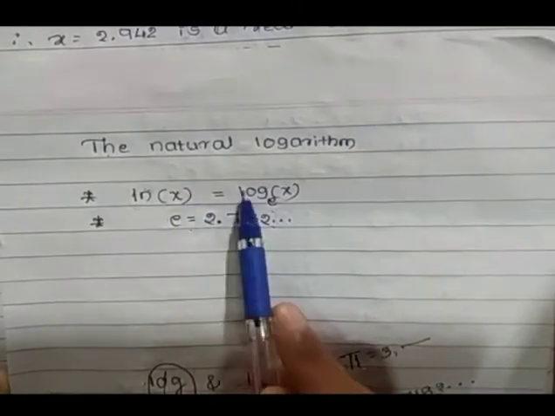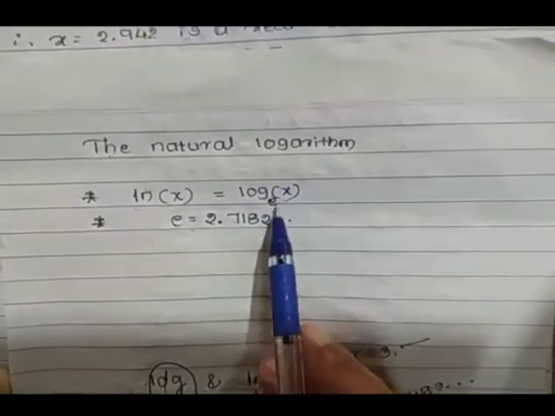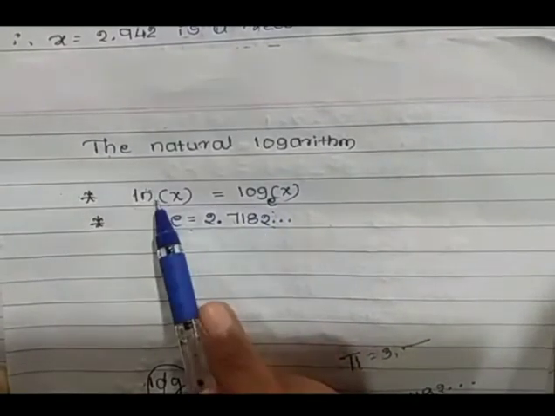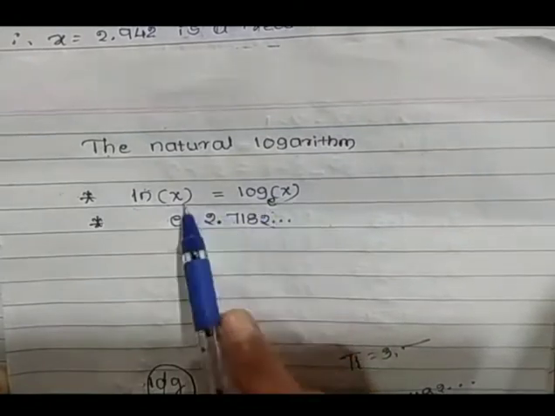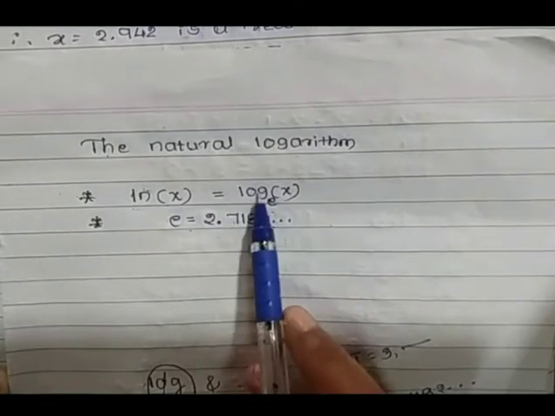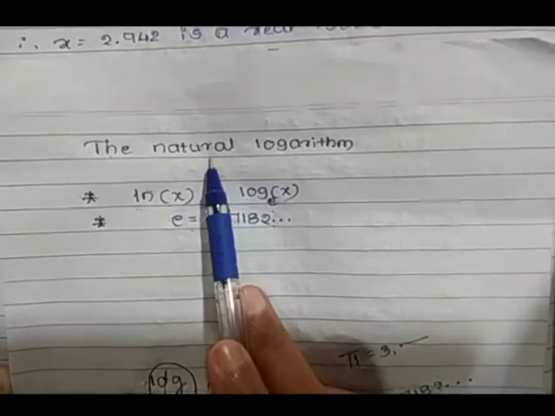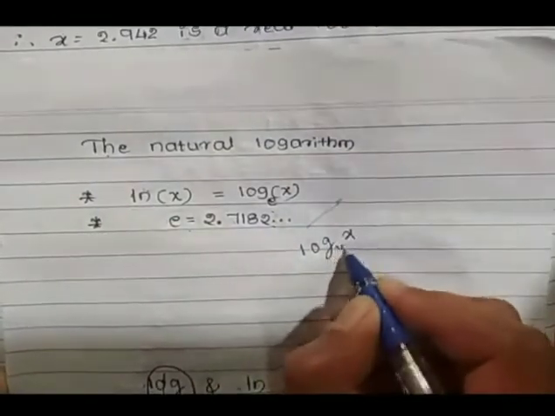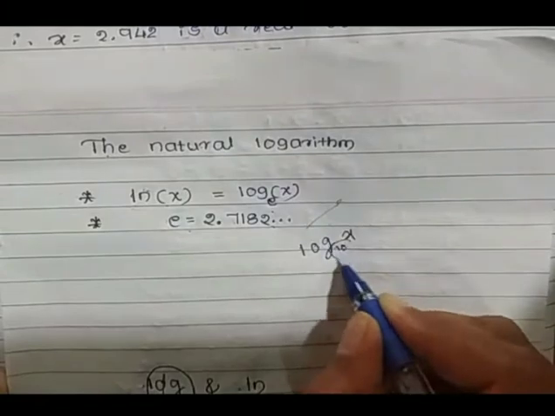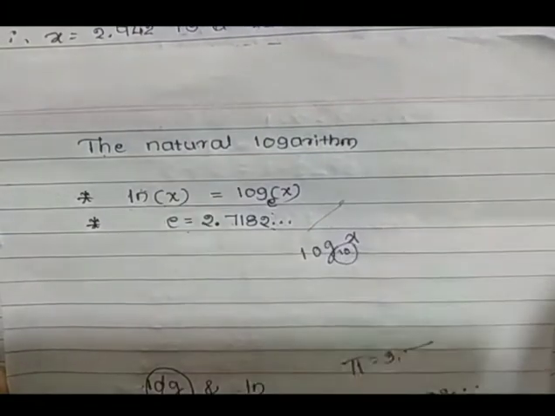Just remember that ln x and log x to the base e are both the same, and these two we call natural logarithm. But log x to the base 10 is different, because here we are using base 10.